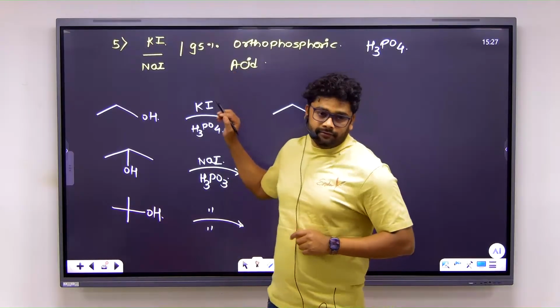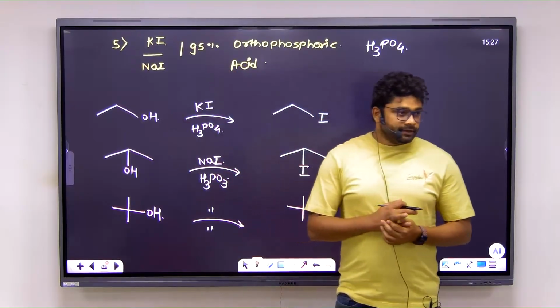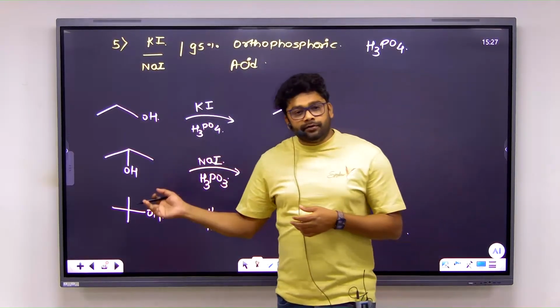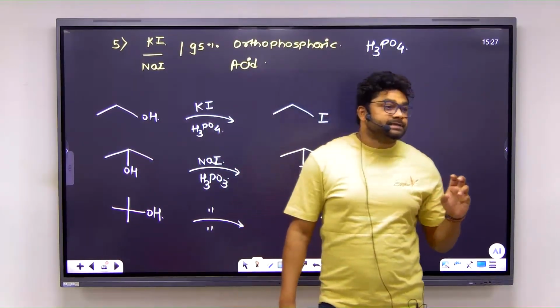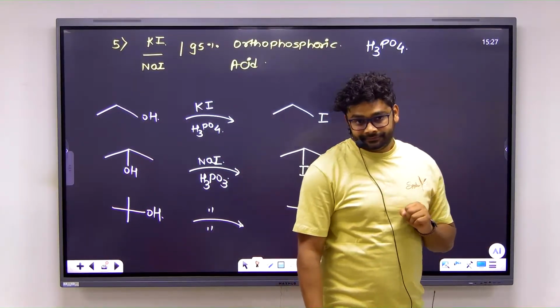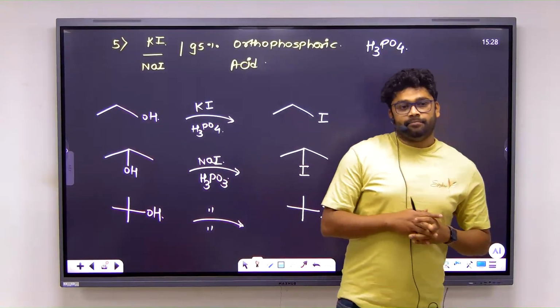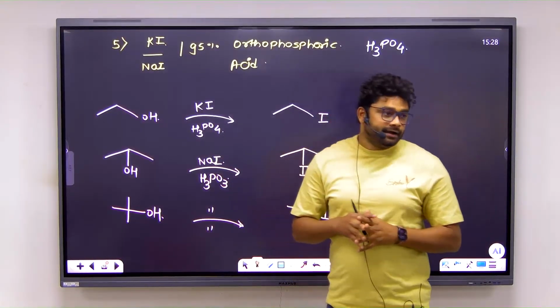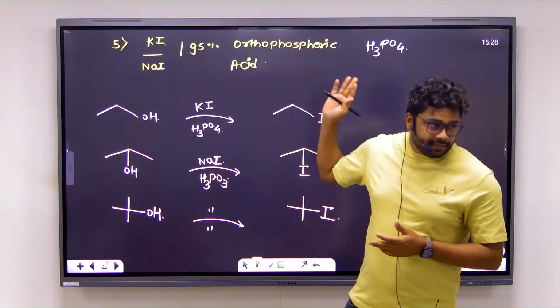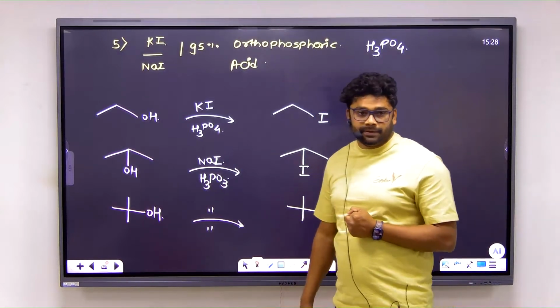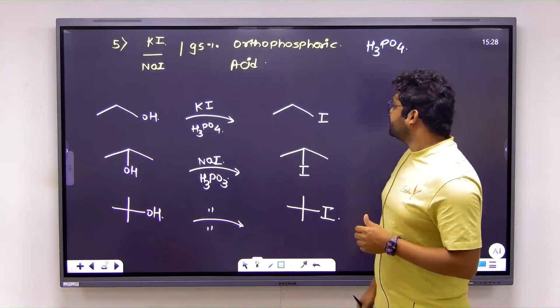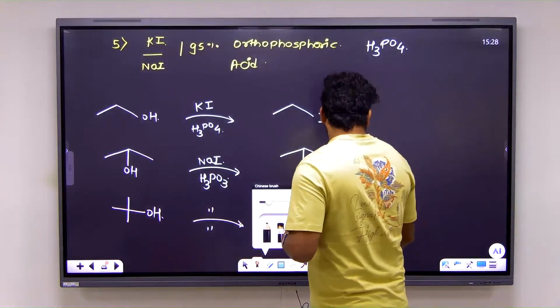KI and what? NaI. A minute before we discuss that we can make the iodide by using red phosphorus and what? I2. We can make iodide, but the purest iodide is obtained by what? NaI and what? KI in presence of 95% orthophosphoric acid.